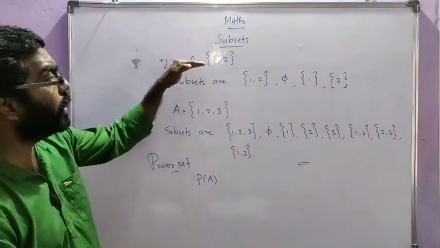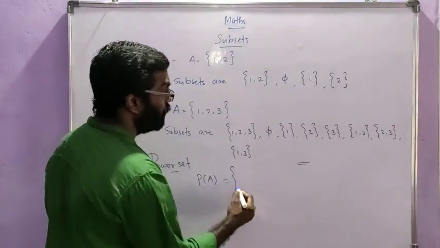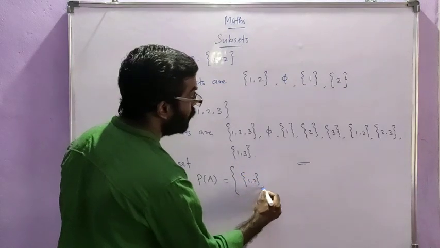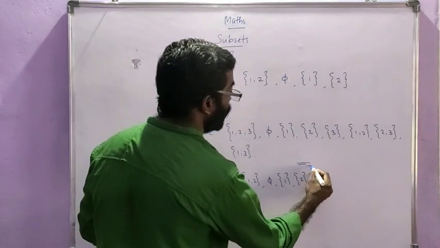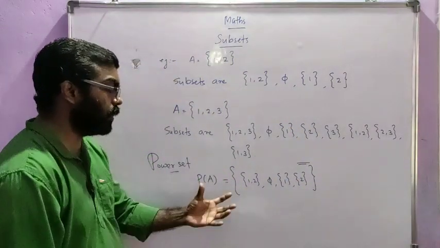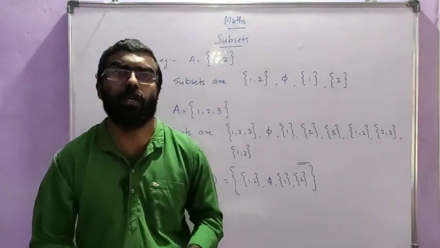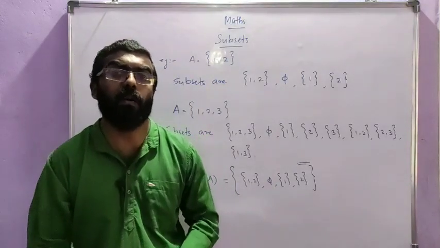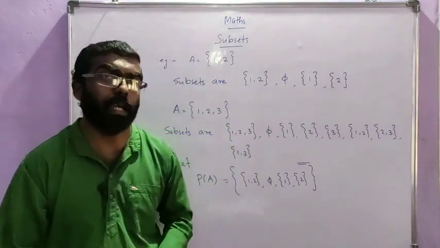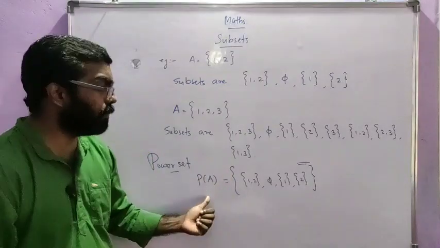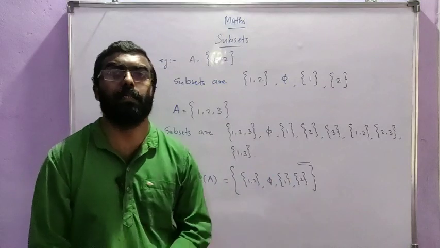For example, in the first case we can write P of A is equal to the set of all sets: {1}, {2}, {5}, then {1, 2}, and so on. In this collection all the elements are sets. So I repeat, the collection of all subsets of a given set A is known as the power set of A, and it is denoted by P of A, and in P of A each element is a set.